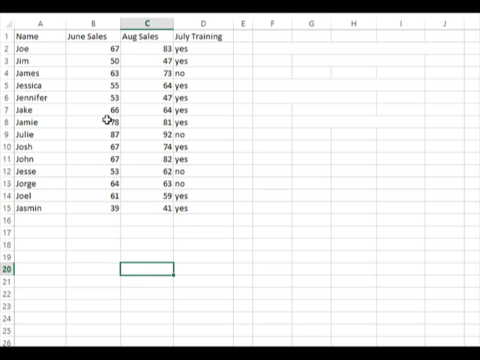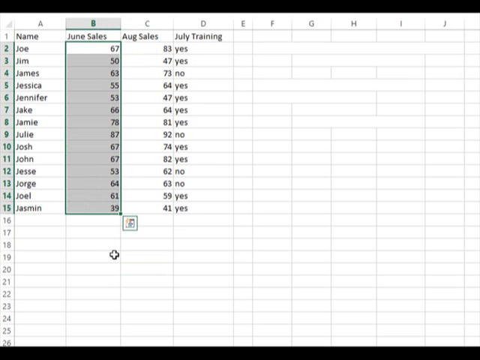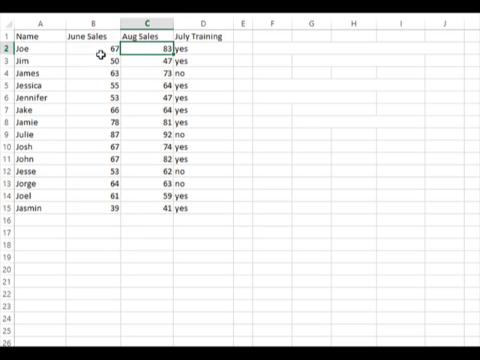For example, if we wanted to know if August sales were larger than June sales, we could just take the average of these, take the average of these, and do a two-sample test to see whether the mean in August is equal to the mean in June. If we wanted to know things like, did individuals sell more in August than they did in June, instead we would say, well, here we've got an observation in June of 67, here we have 83.